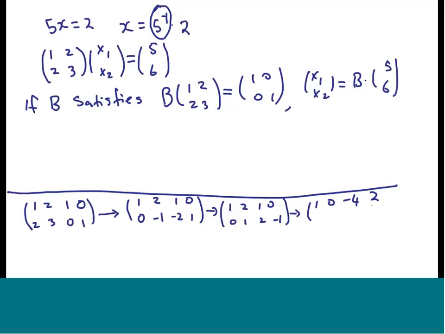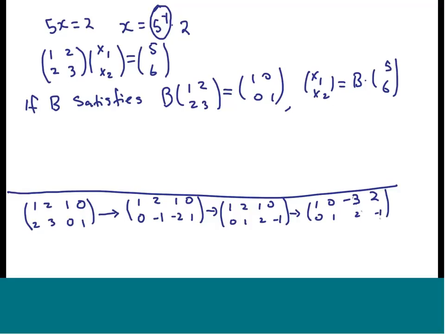Oh, I'm sorry, -2, then adding gives -3 here. You got it? So that gives 0, 1, 2, -1.